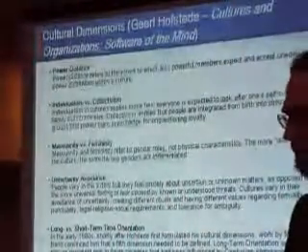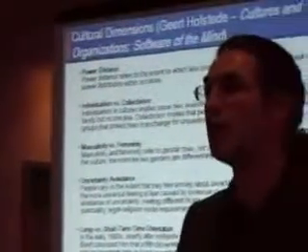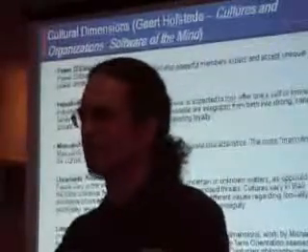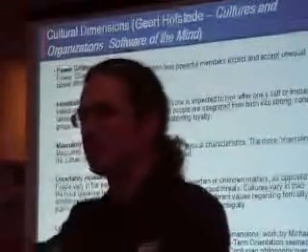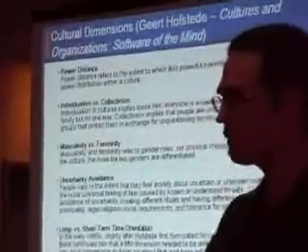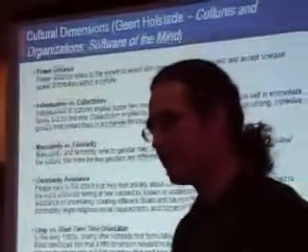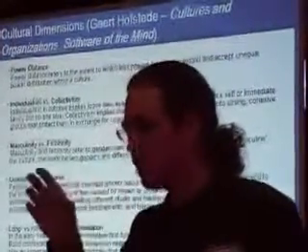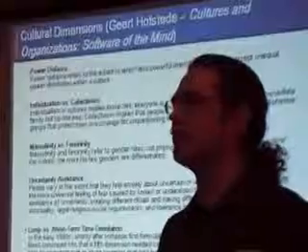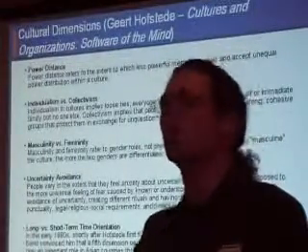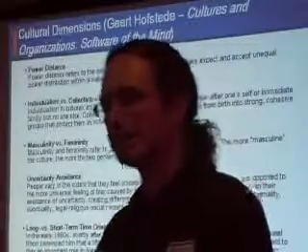Uncertainty avoidance has to do with individuals' tolerance for the unknown. How comfortable am I with things that are not obvious and well formed and well laid out, and the risk associated with that. And then finally, the long versus short time orientation has primarily to do with the cycle that people feel is comfortable for overall change or expectations.